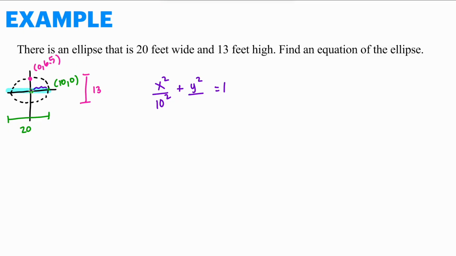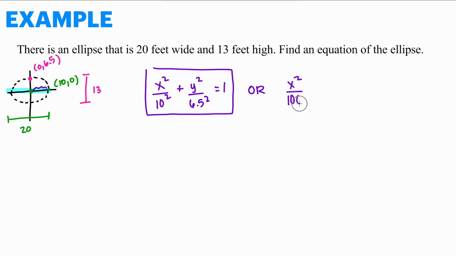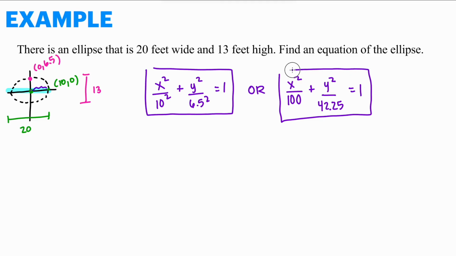And then the distance from the center to the co-vertex is going to go under my y, which is 6.5 squared. So you can either leave it like this, or you can go ahead and write out the fact that 10 squared is 100, and 6.5 squared is 42.25. And again, it's always going to be equal to 1.